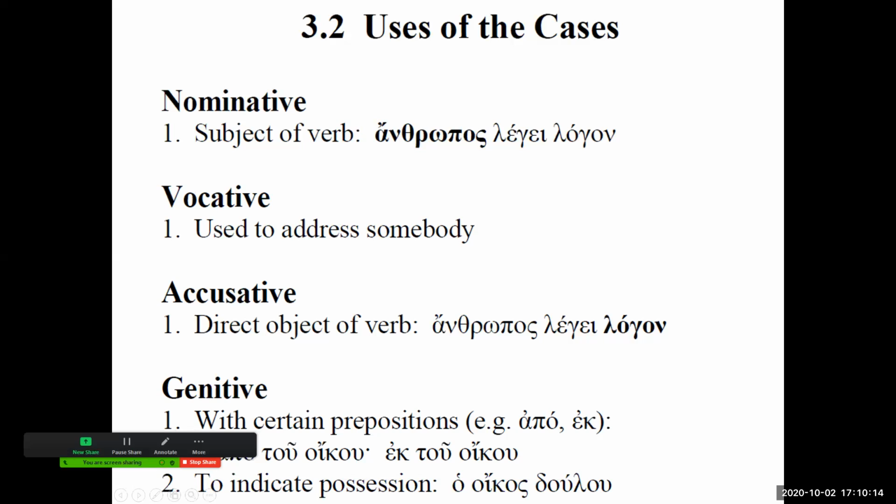And it's used to indicate possession, not just with prepositions. Ho oikos doulou is actually the house of a slave. Ho oikos, the house, doulou, of a slave. Or we can translate a slave's house, not the slave's house, because we don't have the article with doulou, the slave, just a slave. The house of a slave.